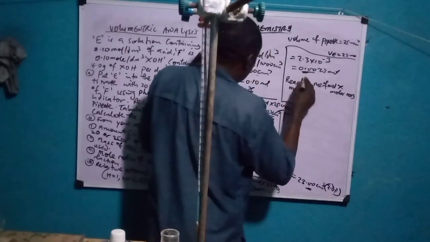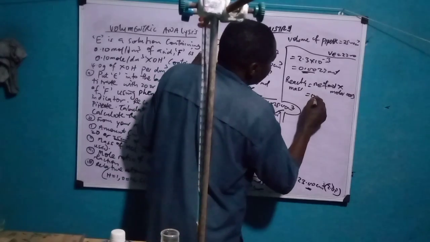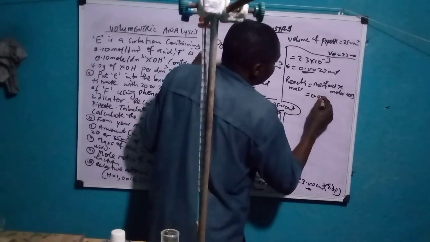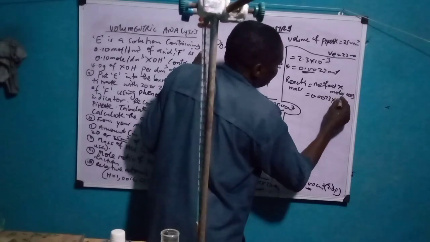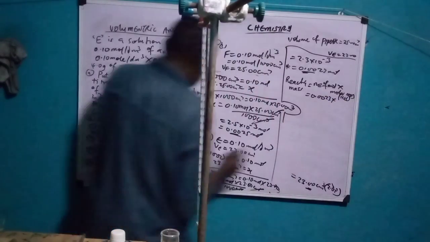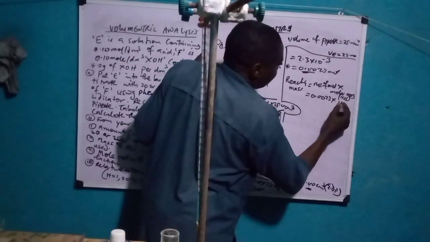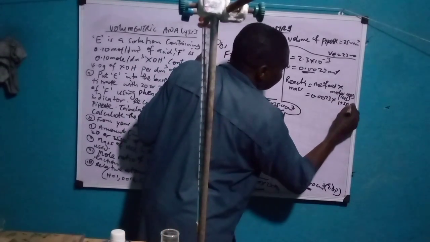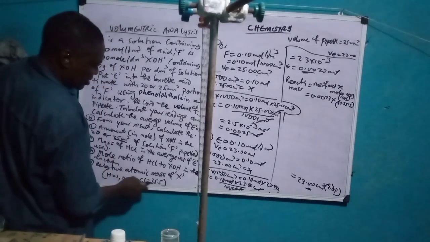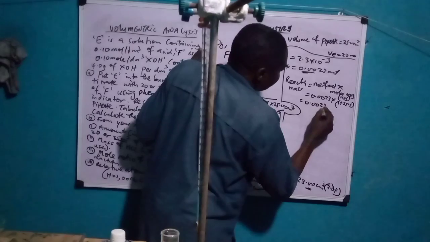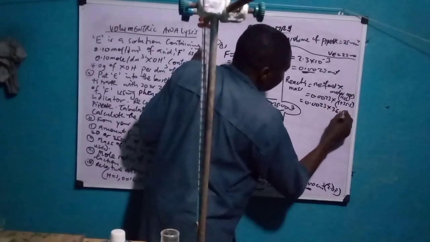Note that the number of moles is 0.0023, times the molar mass of HCl, because they specified it. It's 1 plus 35.5. Remember, it is stated that H is 1, Cl is 35.5, which gives you 0.0023 times 36.5.